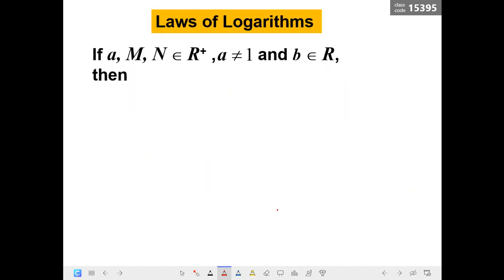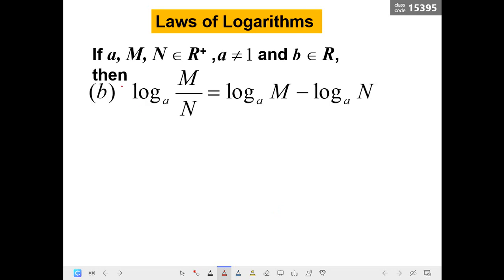The second law: again a, m, n are members of the real numbers, a is not equal to 1, and b is a member of R. Log of m divided by n to the base a can be simplified to log m minus log n, same base a.